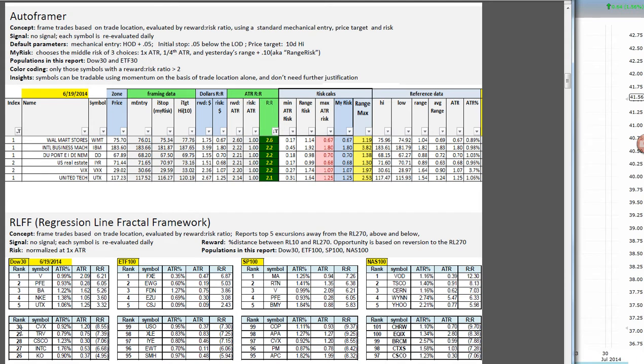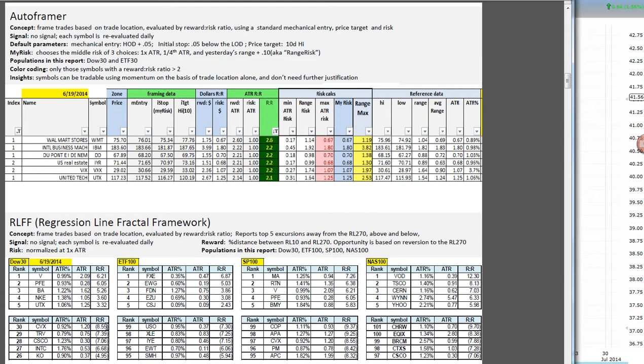And then these 26 through 30, these are at the other end of the extreme. So Chevron has a negative 8.55 reward to risk, and that's based on a move back to the 270. So Chevron has moved out above its long-term trend, and it's 8.5 ATRs above that trend.